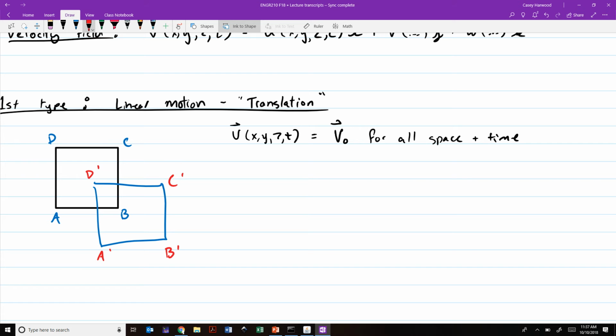They're all going to translate by the same distance. And so all that's really been accomplished here is that every point has moved v naught times delta t. So we have this simple, pure translation of our box from one place to another.